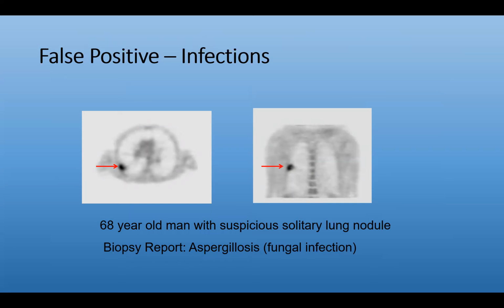And they were concerned that this might be a lung carcinoma, but they ended up biopsying it, which they would do if they suspected malignancy. And it actually turned out to be aspergillosis, which is just a fungal infection. And because it is an infection, it took up the FDG. Okay, so again, sometimes we can get fooled and we end up with false positives.